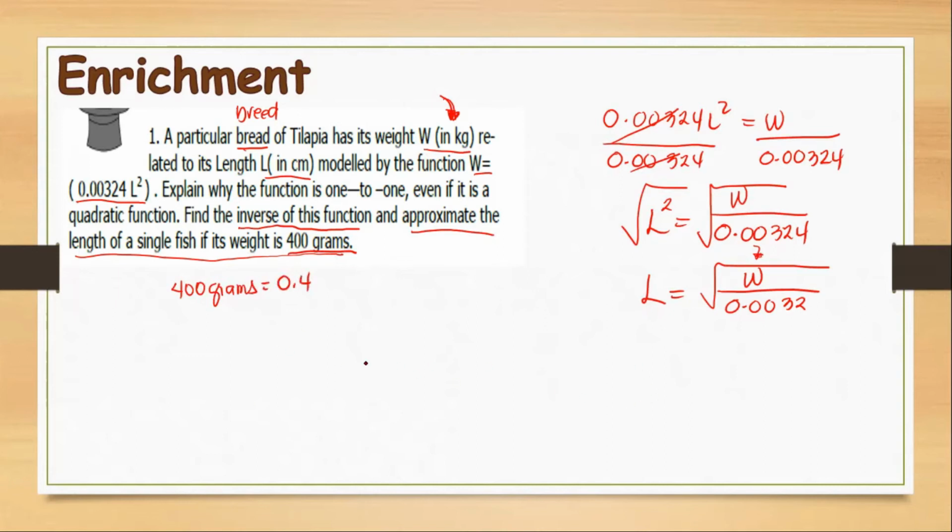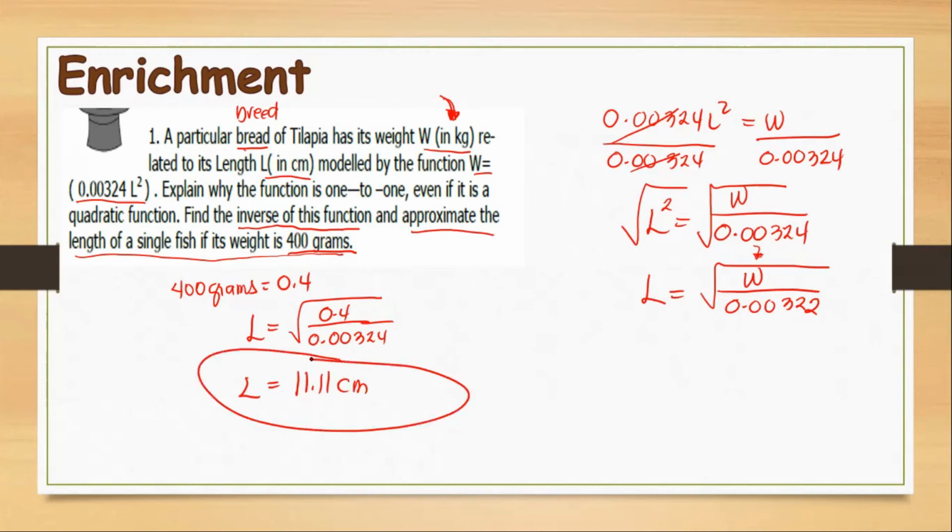So, just substitute that to the equation. The length will be the square root of 0.4 divided by 0.00324. If we solve that, we will arrive at the answer, which is 11.11 centimeters. That will be the length of a single fish having the weight of 400 grams.